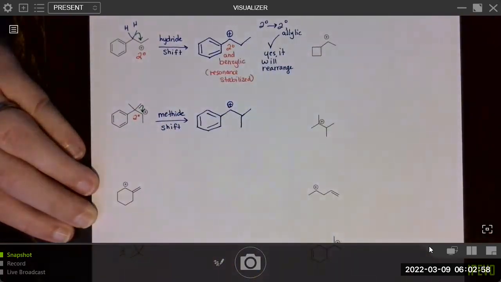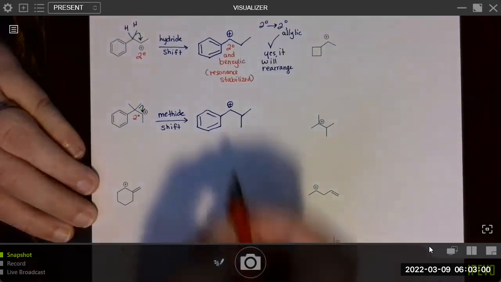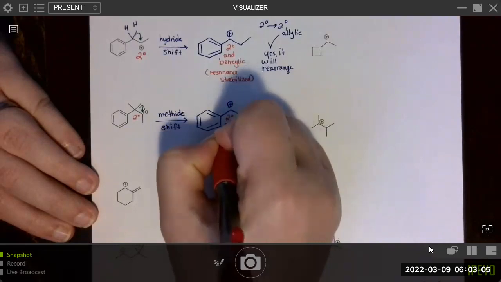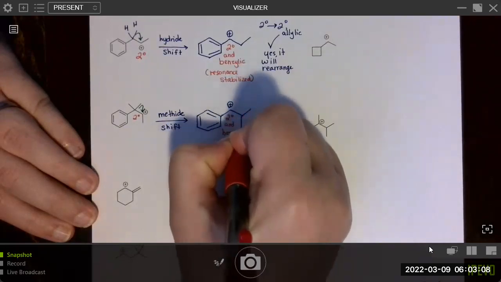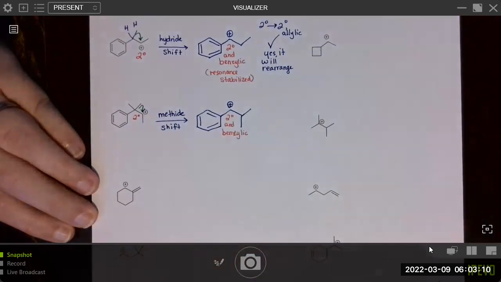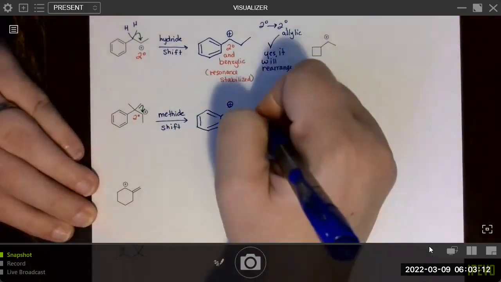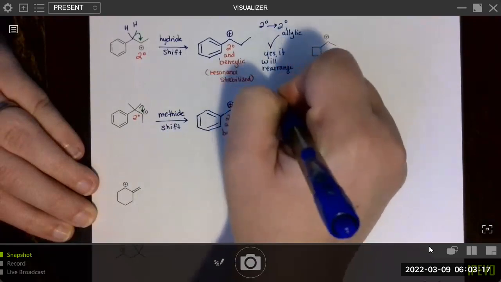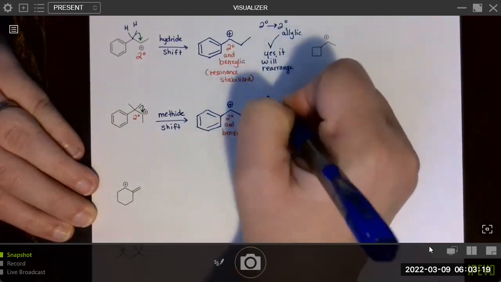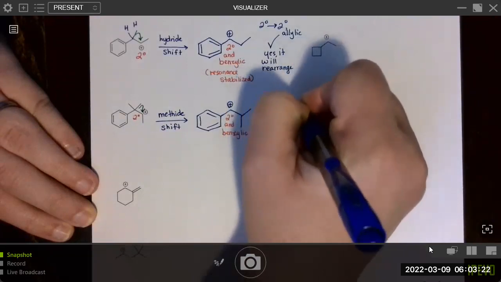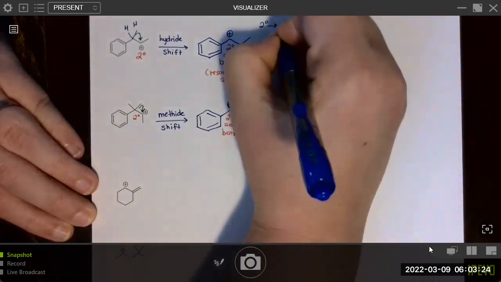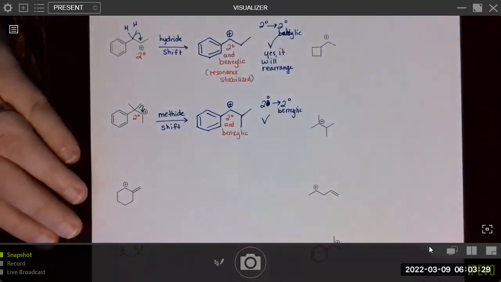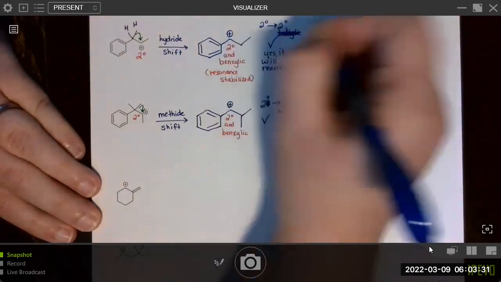Which turned our secondary carbocation into, again, secondary and benzylic. So definitely that's more stable. Sorry, I actually noticed I wrote allylic up here, but this is benzylic. Benzylic. I want to write that again.